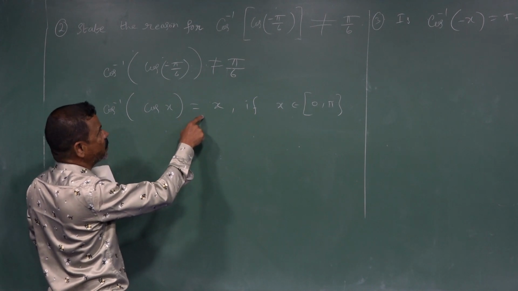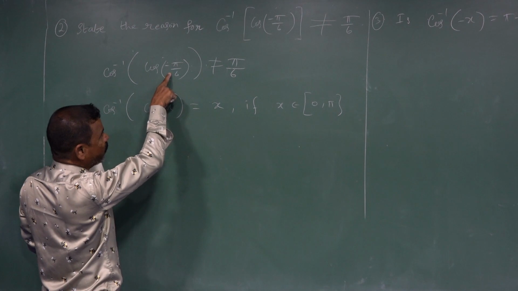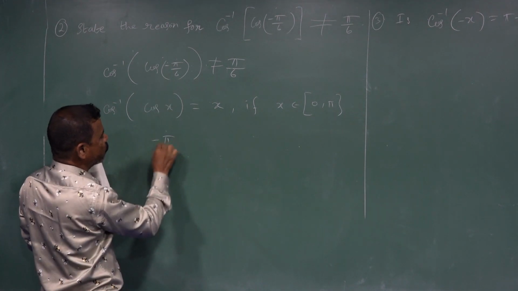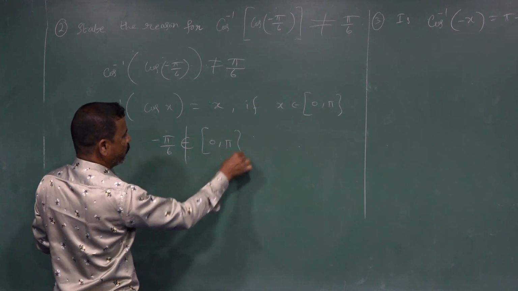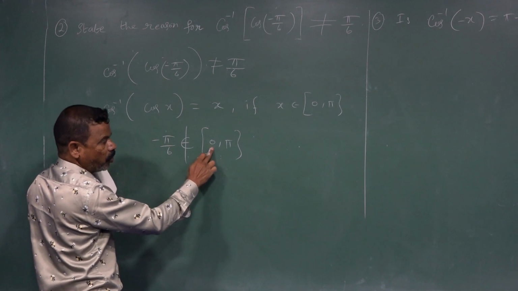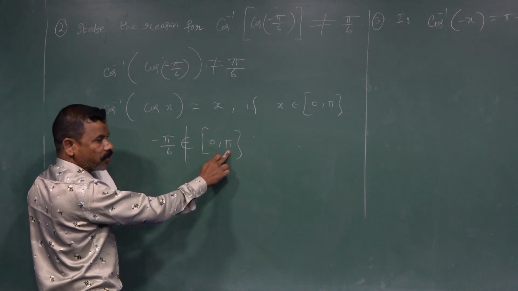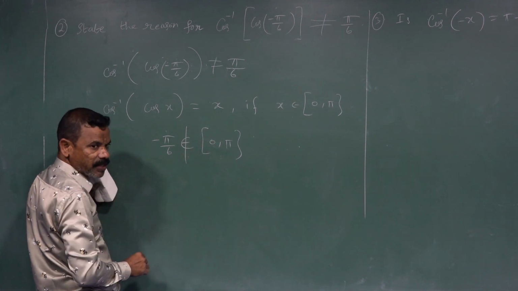You check here: the x value given is minus 5π/6. So minus 5π/6 does not belong to 0 to π. This is the main reason. This is a negative value, whereas here we need positive values, 0 and above. So it does not belong to this. That is the main reason.